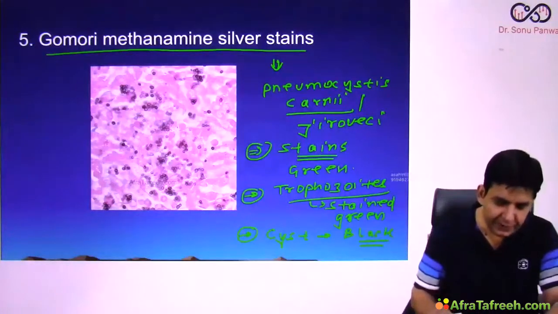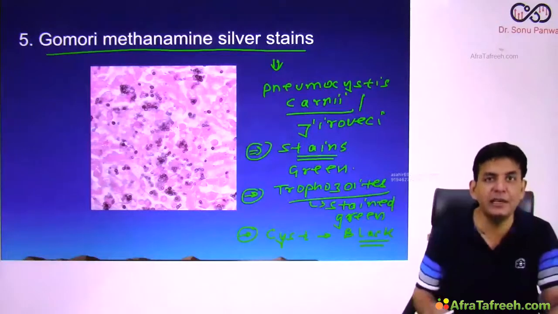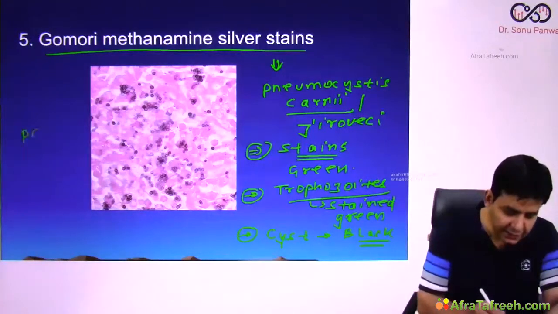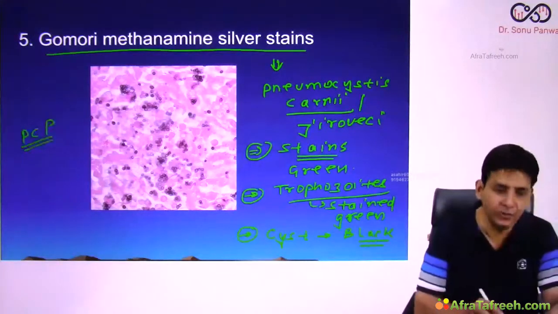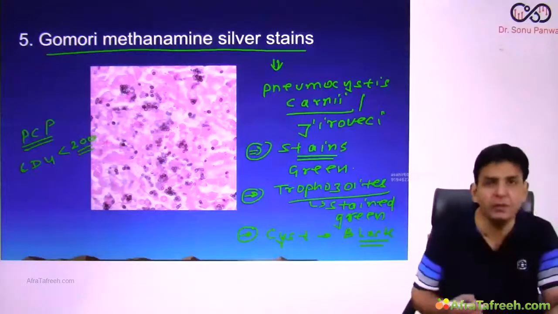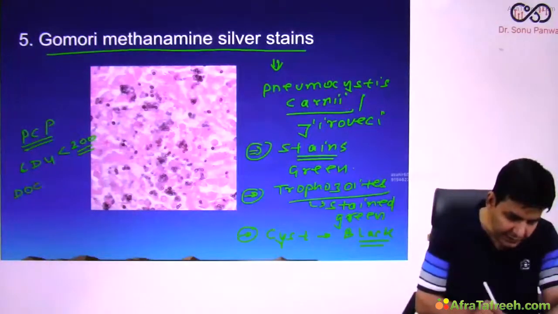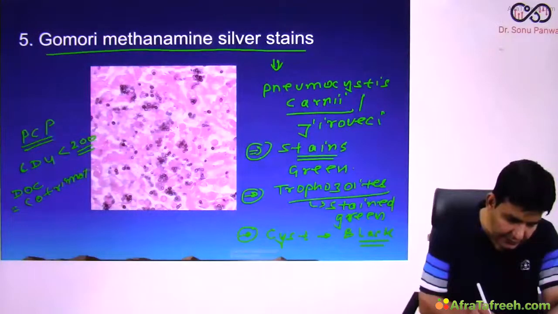So remember, this Gomori methenamine silver is an important stain used for Pneumocystis carinii, and you know what Pneumocystis carinii does? It causes Pneumocystis carinii pneumonia. And in whom? In HIV positive people, when the CD4 count goes below how much? Below 200. And there was a question in AIIMS that what is the drug of choice for this, and here only you remember that also, that is cotrimoxazole.